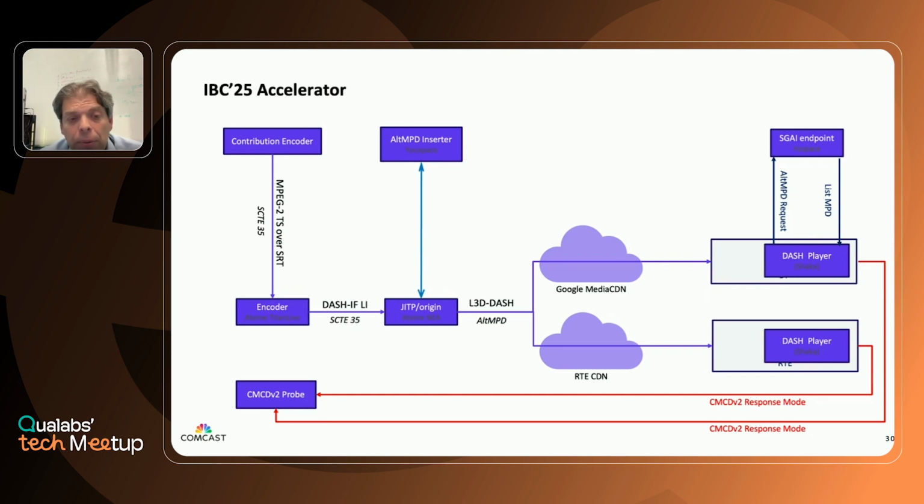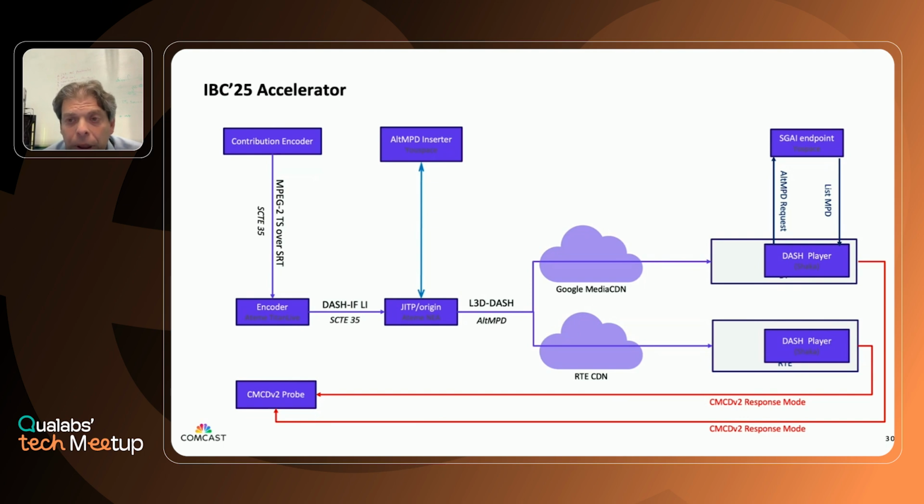This is the rough architecture of it. We're working with RTE, the Irish broadcaster, and British Telecom to play 6th edition Dash. We're doing L3D with alternative MPD events, and we have CMCD version 2, which is not yet finished, in order to do metrics. And we have an SGI endpoint that does two things.